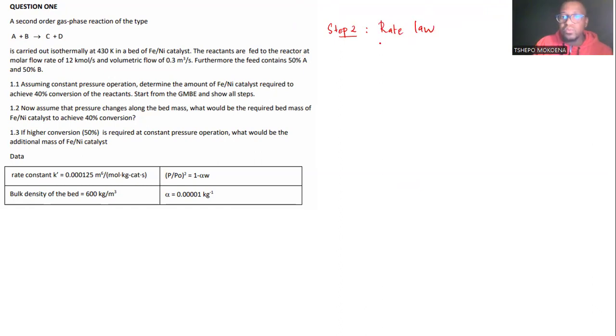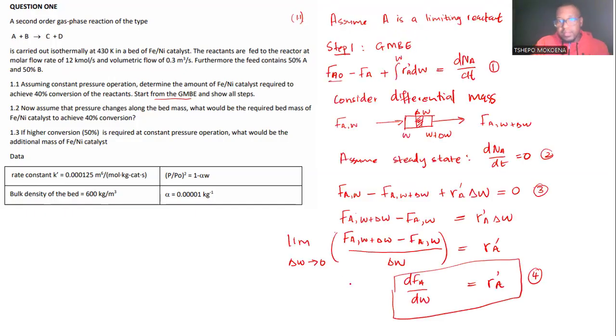Now, if you have a look at this, what we did over here has nothing to do with the information that is provided, except that we know what it is. It is a PBR, right? Packed bed reactor. Besides that, we just derived this without depending on the information that we see over here.